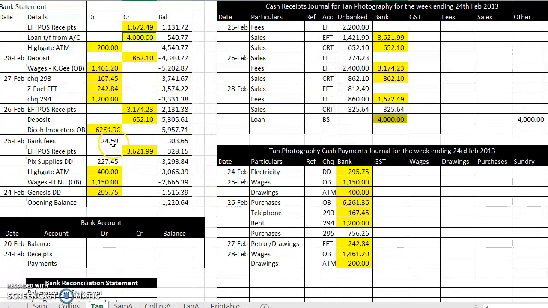Good. On this side, we've got a couple not done. So this one here is on the 25th of February, so we'll just add it in at the bottom. And it tells us it's bank fees from the bank statement, and the amount is $24.50.